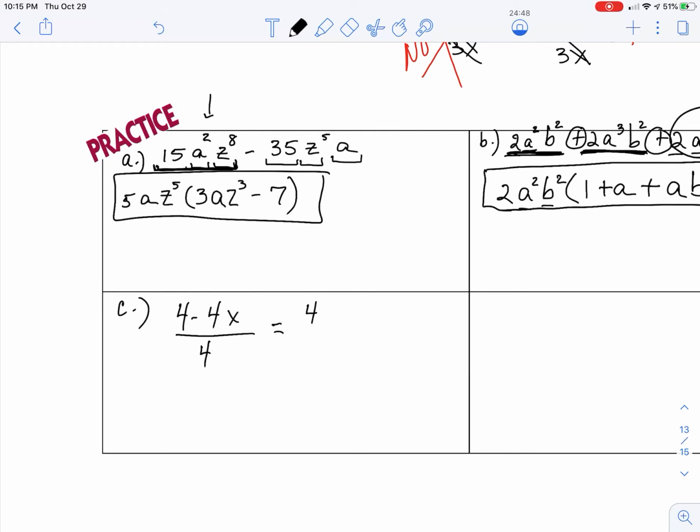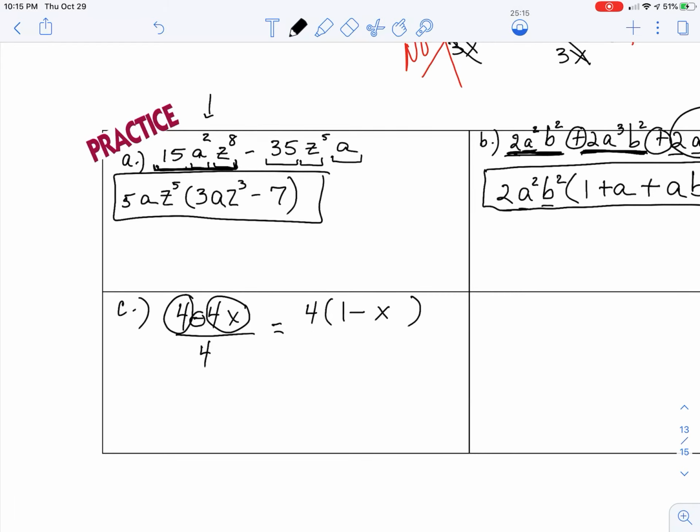Well, right off the bat, I can see in the numerator they both have a 4 that I can factor out. What would go back inside my parentheses here? What would it take to multiply with 4 to come back to this original 4? How about a 1? Minus, and what would it take over here to be multiplied to come back to 4x? Should be an x, right?